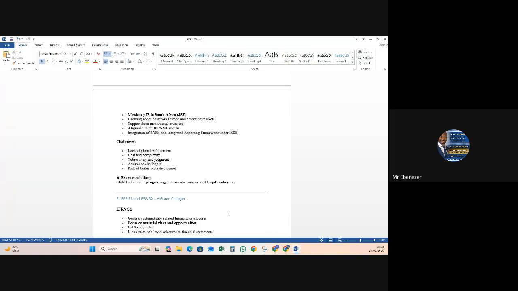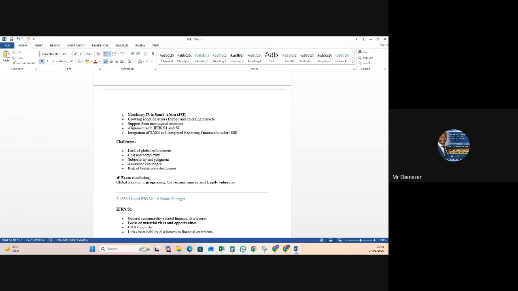And of course, it has assurance challenge. There is no assurance that everything you have given me in that report is true. And the last is that there is risk of boilerplate disclosure.